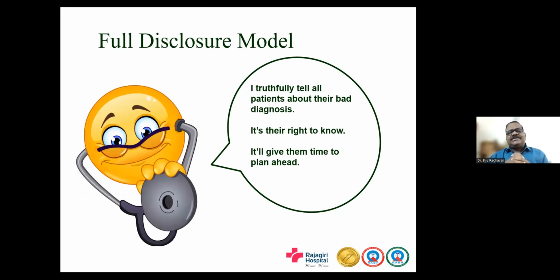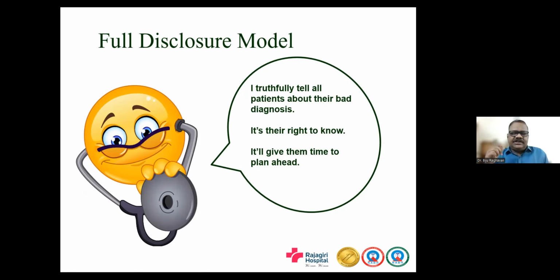In some places, a full disclosure model is practiced whereby the patient is told the truth, the full truth, and often you need the patient's permission to talk to the family. There are many countries, many of the developed countries, if I may put it that way, where the full disclosure model is practiced because often the patient's autonomy is held to be sacred.